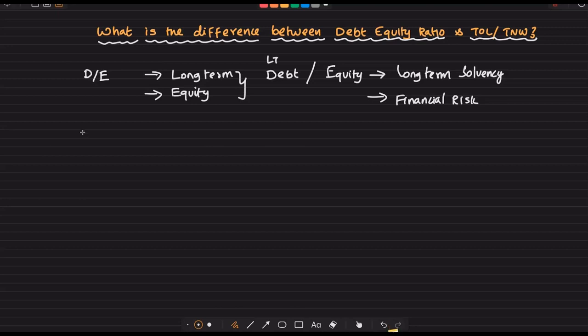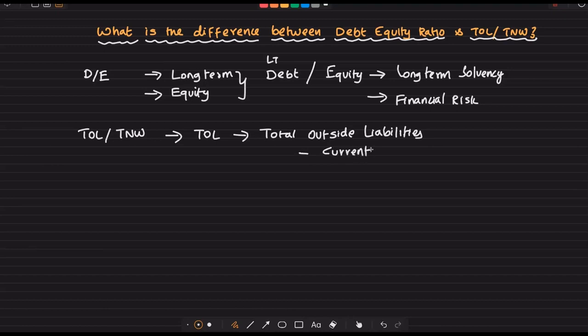Whereas the TOL by TNW ratio is even more comprehensive, because when we say TOL, it stands for total outside liabilities. It means all the outside liabilities, whether it is current, that is repayable within 1 year, or long term, that is repayable even after 1 year.